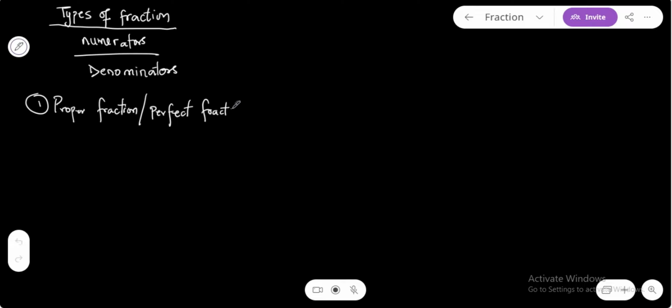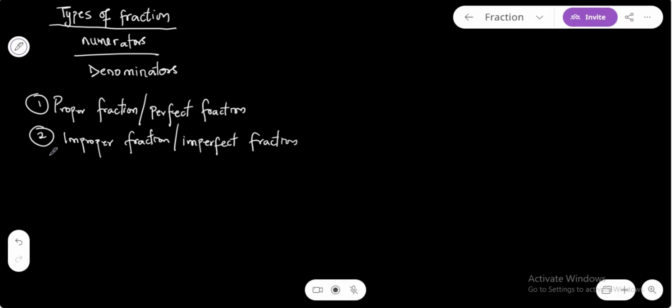The other type is improper fraction, or imperfect fraction, a fraction that is not perfect. And the last type, number three, is mixed fraction. So now, number one, proper or perfect fraction.